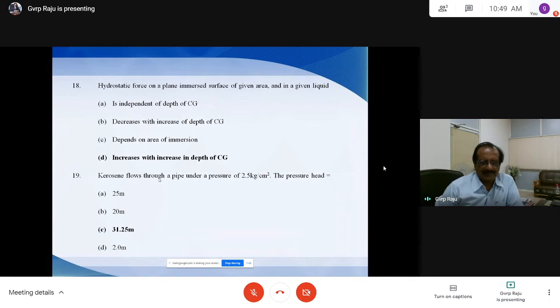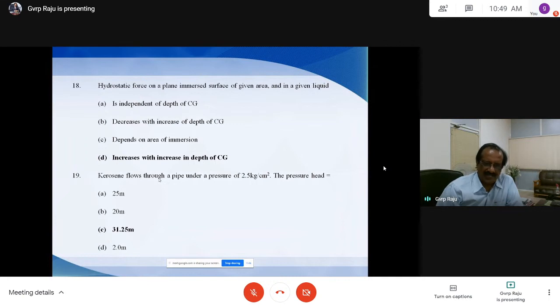So the head is equal to P by W. The pressure is 2.5 kg per centimeter square, you can take 2.5 into 10 power 4 kg per meter square. Pressure head is equal to P by W, where W is the specific weight of kerosene. What is the specific weight of kerosene? Specific gravity is 0.8, so the specific weight of kerosene is 800 kg force per meter cube.